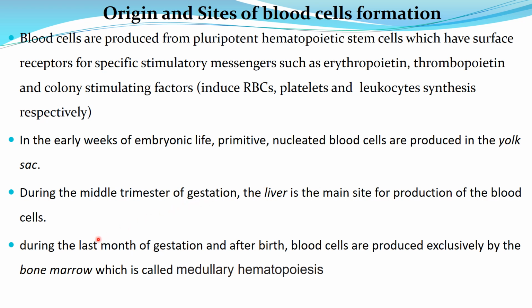And during the last month of gestation and after birth, the blood cells are exclusively produced by the bone marrow, in a process called medullary hematopoiesis. So the bone marrow, located within the medulla of the bone, becomes the main site for the production of the red blood cells, white blood cells, and platelets.